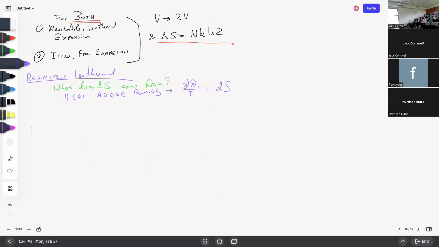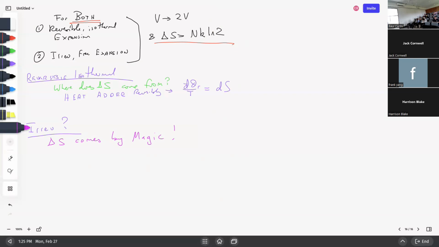But for the irreversible, where does the entropy come from? By a miracle. Okay, I want you to think about this. These two processes are almost the same.